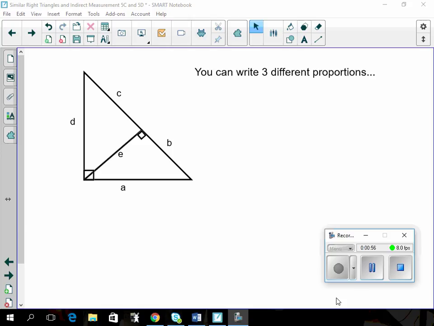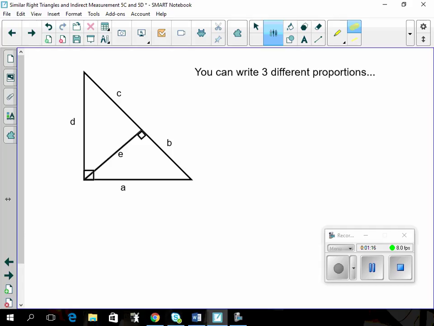Do you agree? Okay. So what we're going to look at is 3 different scenarios of how I can take this picture and write 3 different proportions. We're going to do it in general terms right now with just the letters, and then we'll do some examples with numbers so you see how to do it.